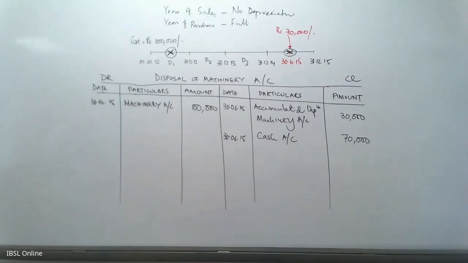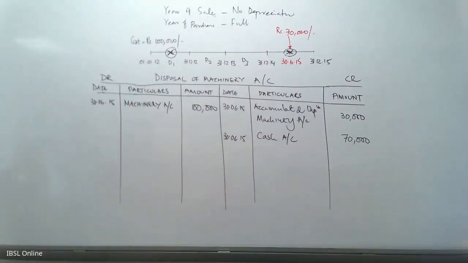So basically we are done with the 3 steps. Because they wanted also to draw up the disposal account. But the next part of the question is to calculate the profit or loss.